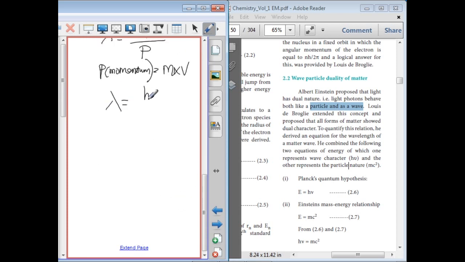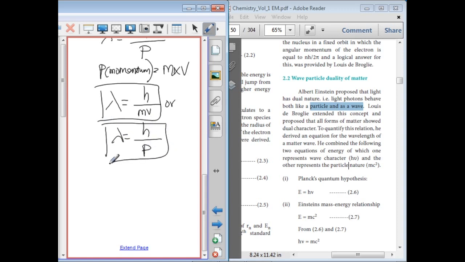Lambda equals h by m into v, or lambda equals h by p. This equation is called the de Broglie equation. The lambda is called the de Broglie wavelength.